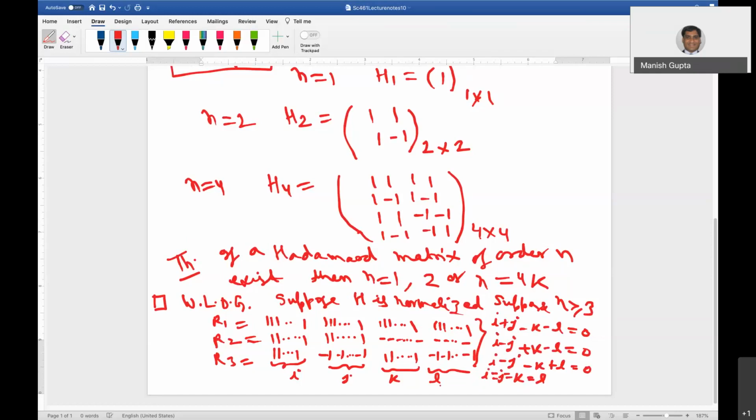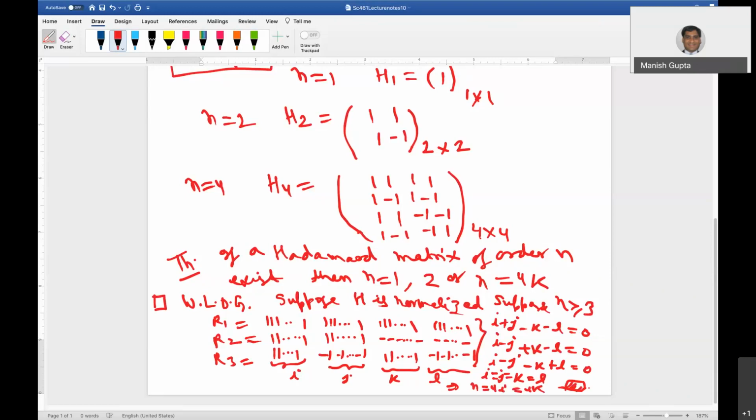This implies that n is a multiple of 4, or 4k, whatever you say. So this is a nice simple result: if a Hadamard matrix of order n exists, then n is either 1, 2 or a multiple of 4. This is a small result.